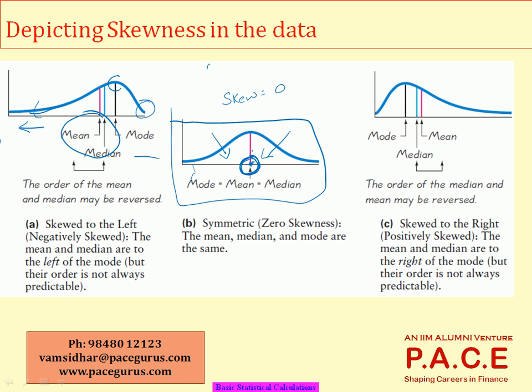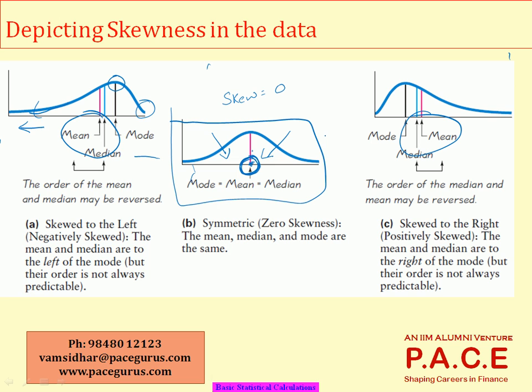Mode is the point where there is a peak, because it's the one that occurs with maximum frequency. So mean and median will be lesser compared to the mode. There may or may not be any order between mean and median, but they will definitely be lesser than the mode in case of a left skewed or negatively skewed distribution. But in case of a positively skewed distribution, the mean and the median will always be to the right of the mode.